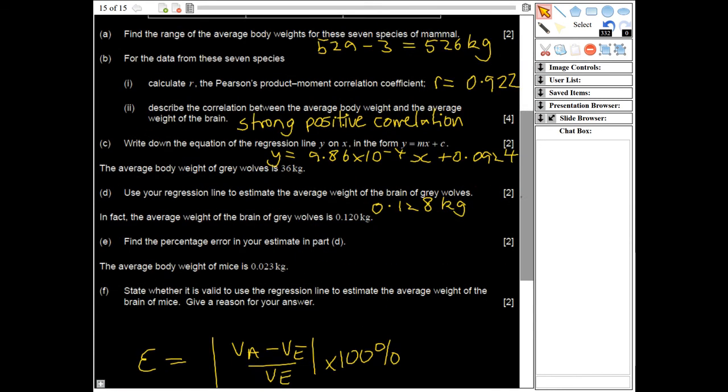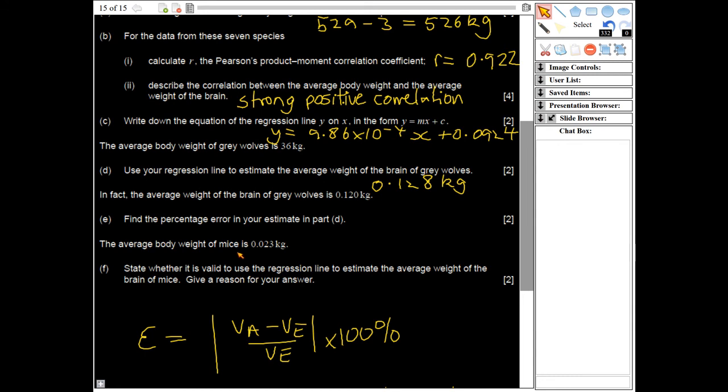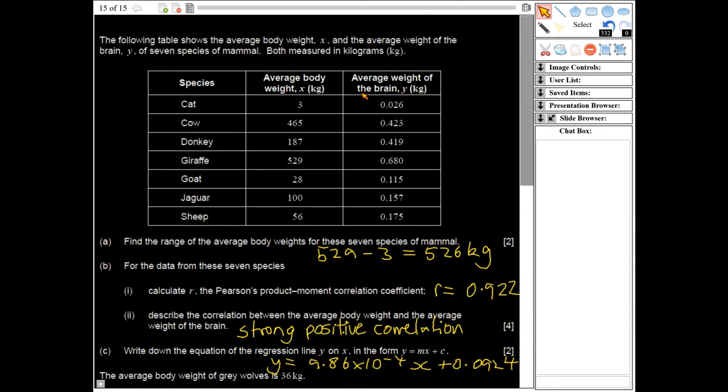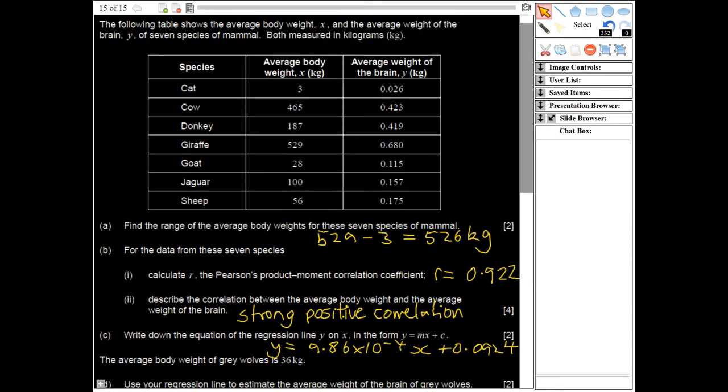In the case of the mouse, the body weight is 0.023 kilograms. So that is outside of the range of our data. We don't have any data in that region. So we're kind of assuming that the pattern will continue, but we don't know that for sure. When we're looking for a value between the data, that's called interpolation, because it's between the points.